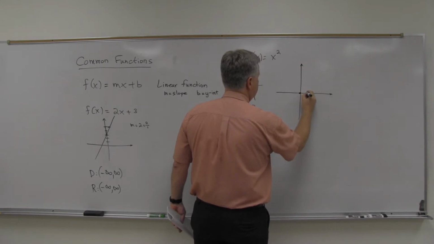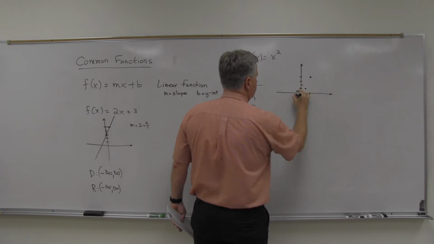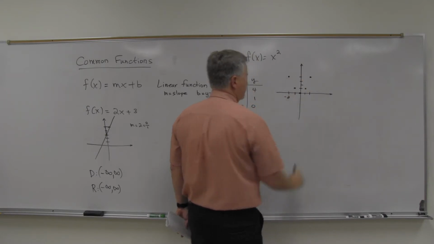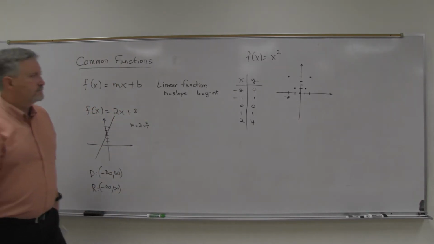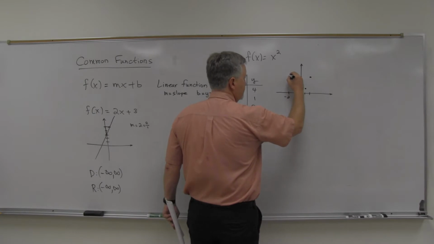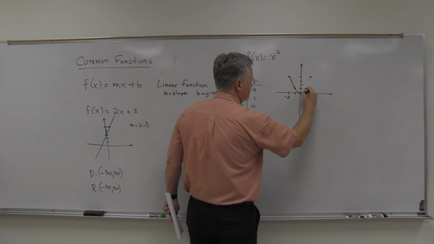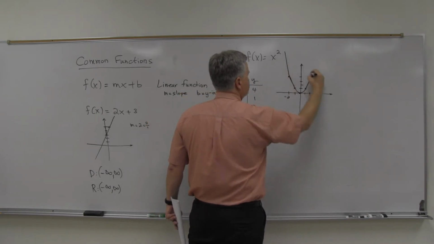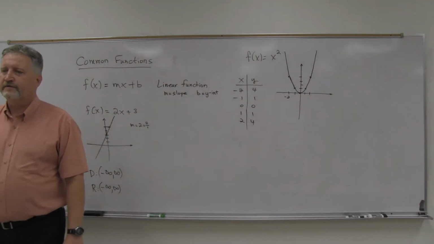0, 0, 1, 1, 2, 4, -1, +1, -2, +4. And it's not hard. 3 would be 9, -3 would be 9. If we graph more points, we'd see that it's not pointed here, it's curved, right? It's curved around, and then these values go up pretty quickly on the ends. So we get this shape.